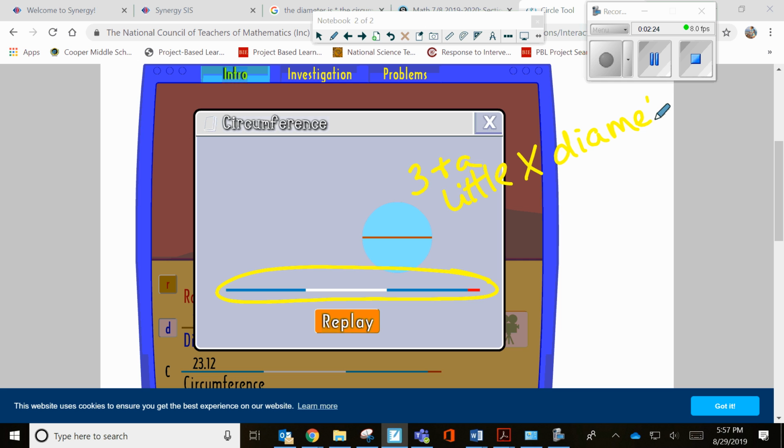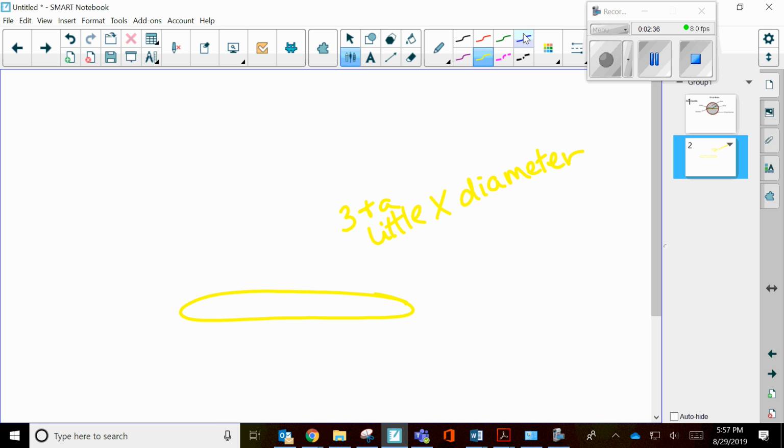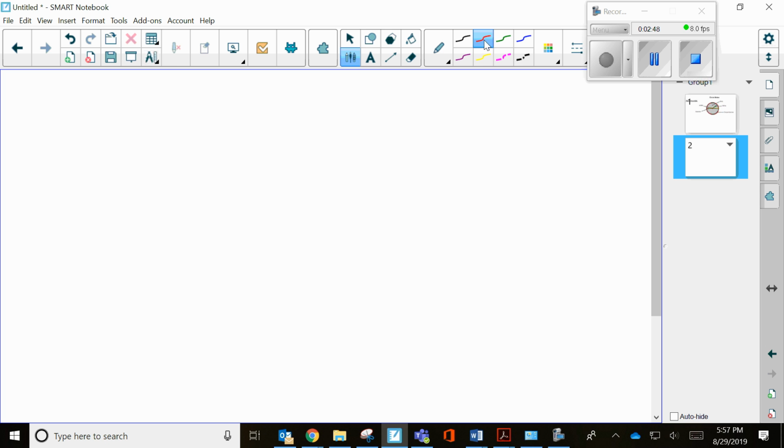Now, we have a special name for that little bit. We call that little bit pi. Okay, we see pi. Let me go back to here. And our little bit is called pi. So what we know is pi is equal to 3.14.